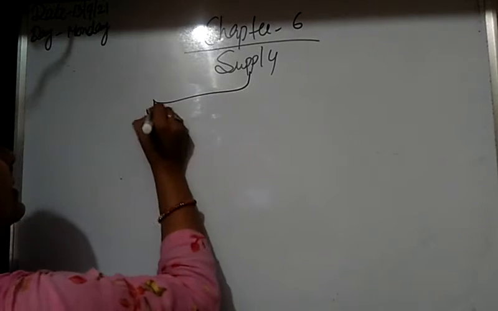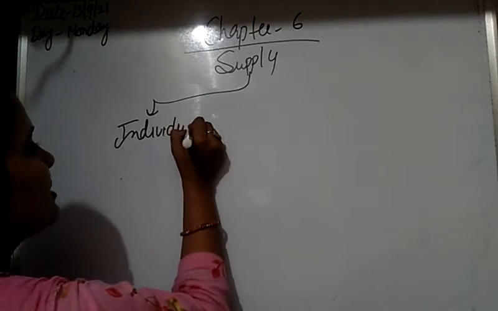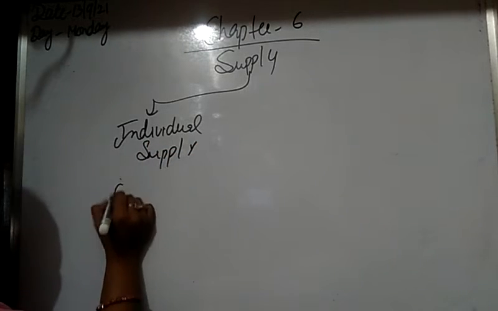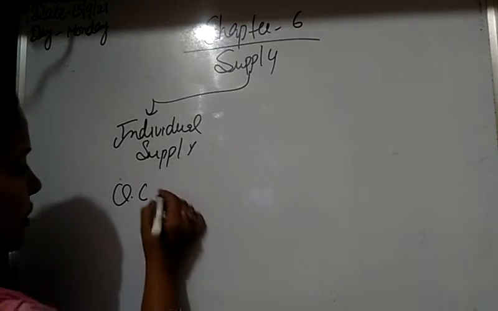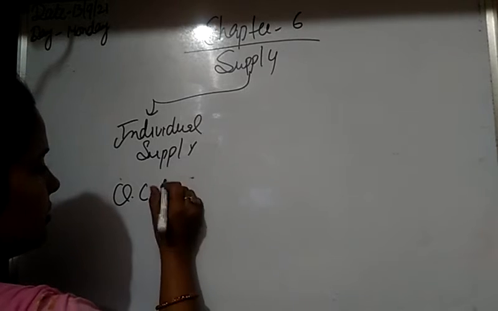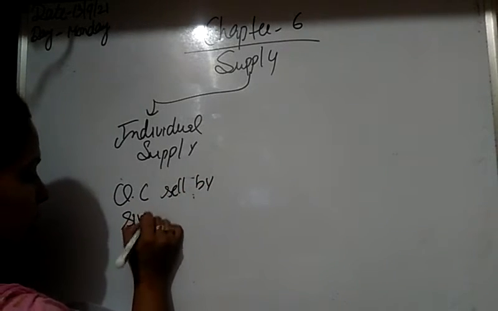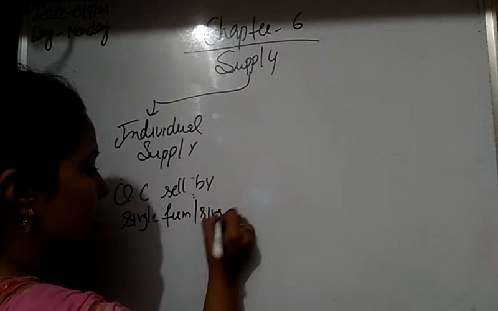Supply is individual supply, the quantity of a commodity sold by a single firm, a single seller.